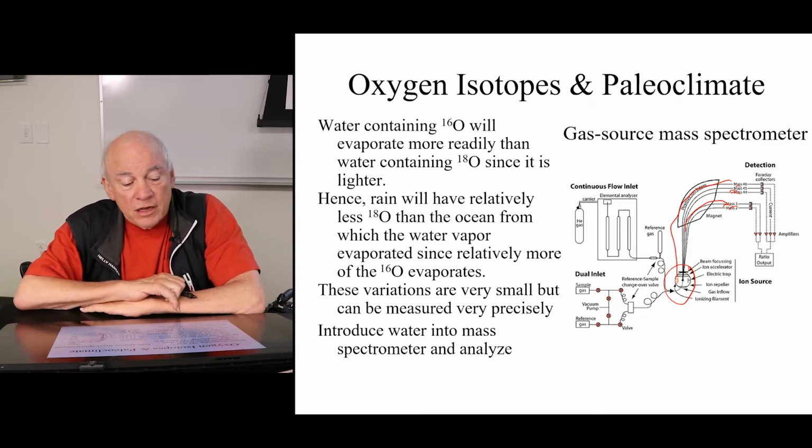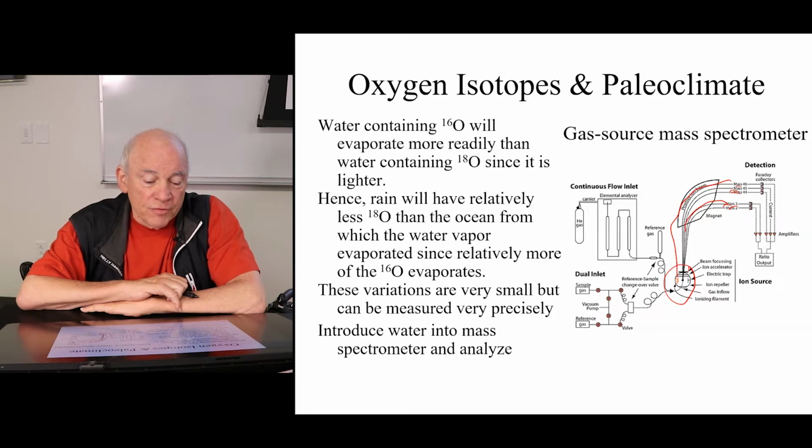But the thing that is worth knowing is that water with oxygen 16 is going to be lighter than water with oxygen 18, because 18 is 10% heavier than 16. And so if you've got water with oxygen 16, it's going to evaporate more readily.